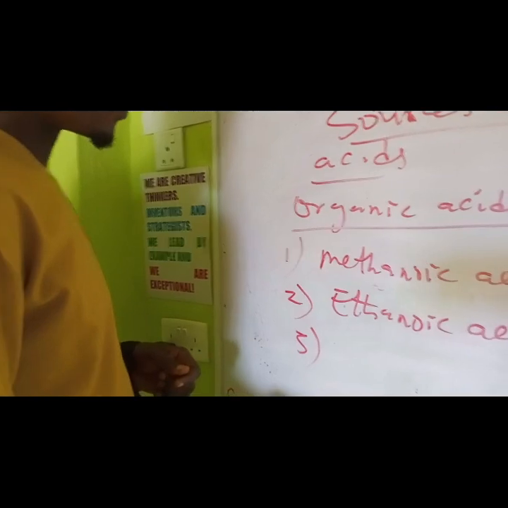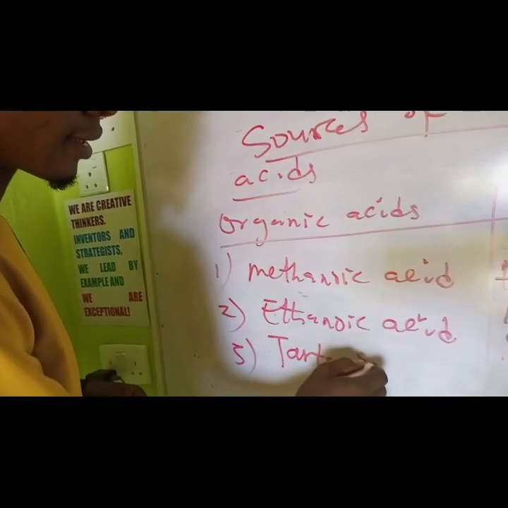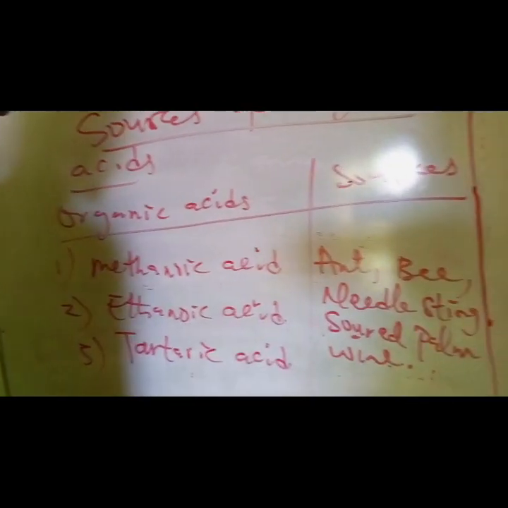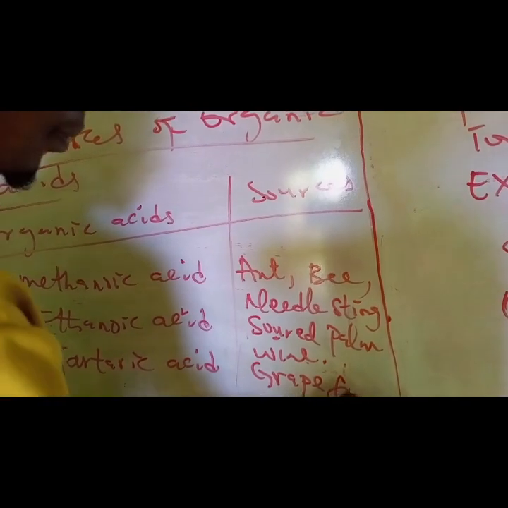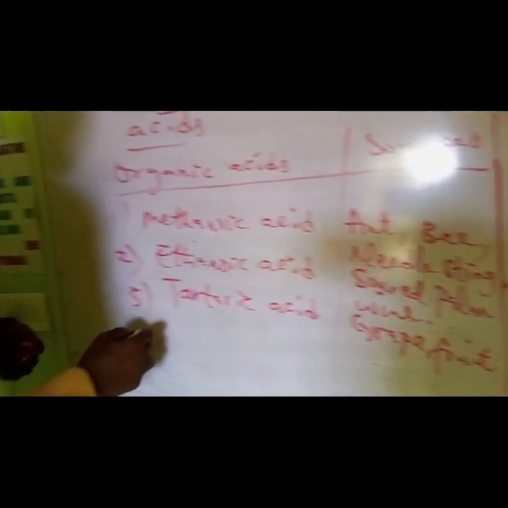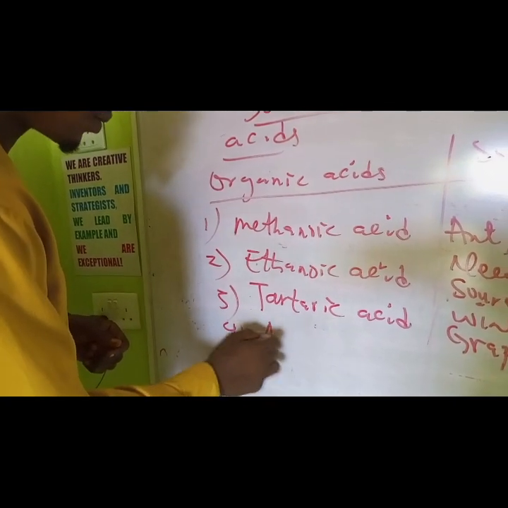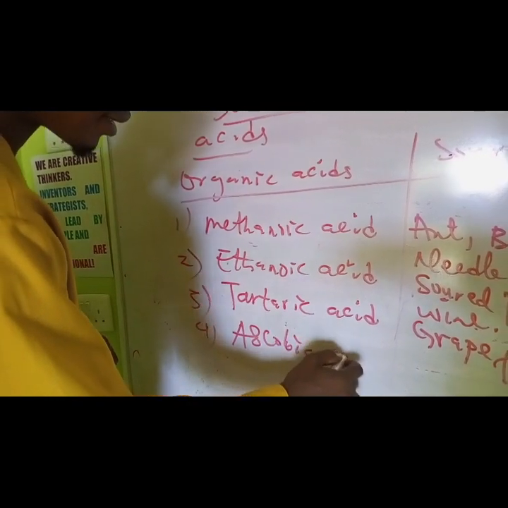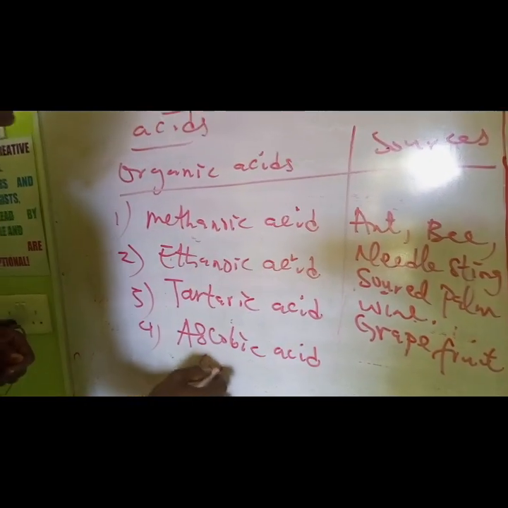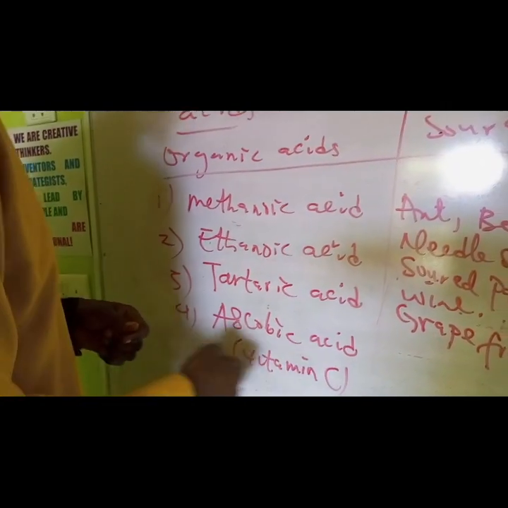We also have tartaric acid. It is obtained from grapefruits. So we also have another organic acid which is called ascorbic acid, which can also be called vitamin C. This is a typical exam question.